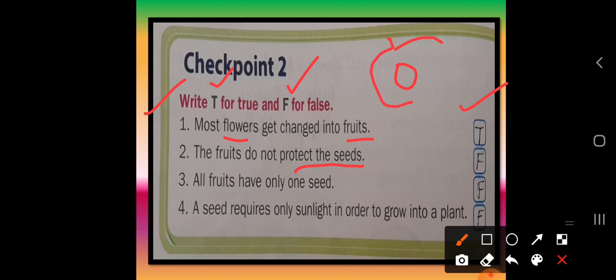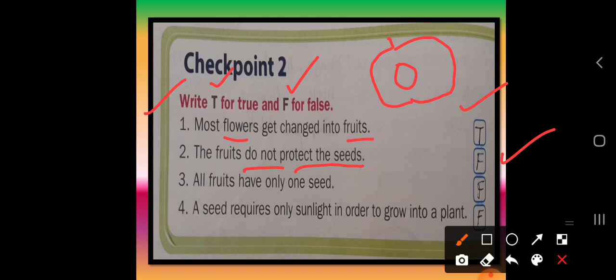Suppose it is any kind of fruit, like an apple or a mango. Where does the seed exist? The seed exists in the middle of the fruit. So it means the fruits are protecting the seeds. Yes, they protect the seeds, but it has been written as do not protect the seeds. So this statement is false.